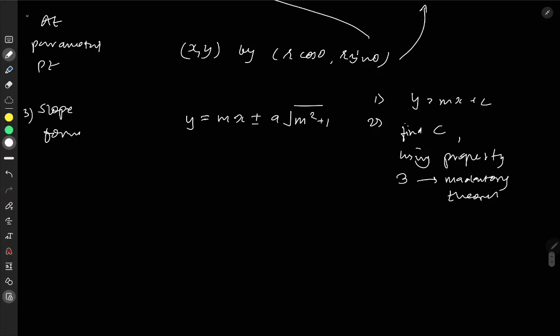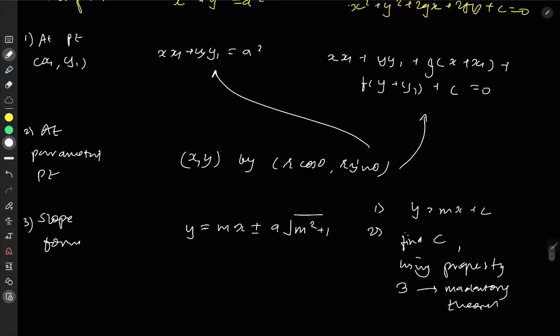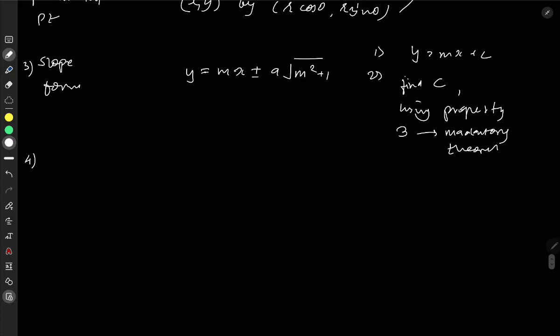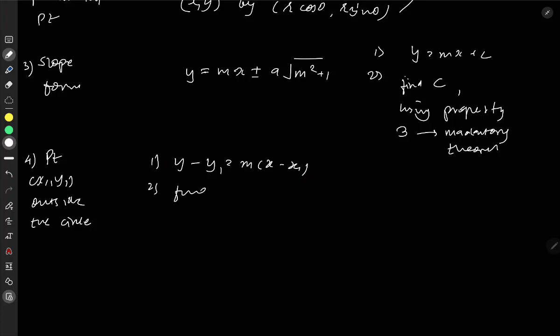So this is the third, this is the second, let us go on labeling them simultaneously. At a point x1 comma y1 outside the circle, we would write the line as y minus y1 equals m times x minus x1, and then we would find m by using mandatory theorem 1.